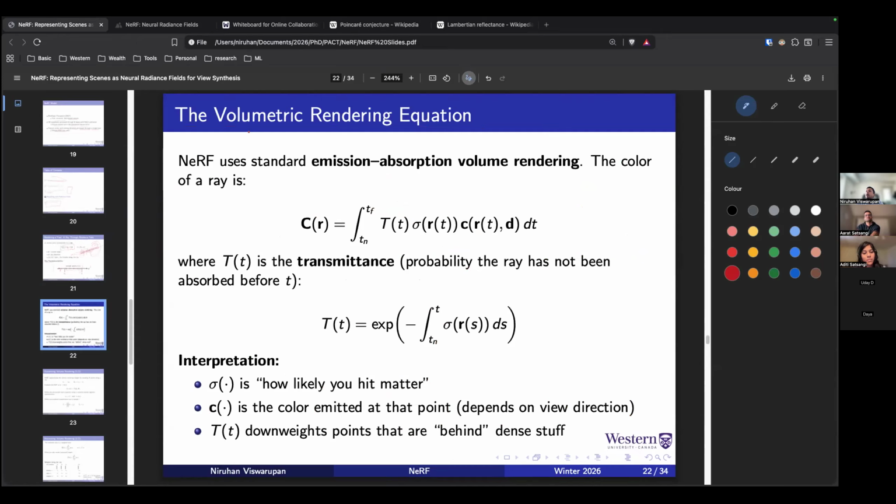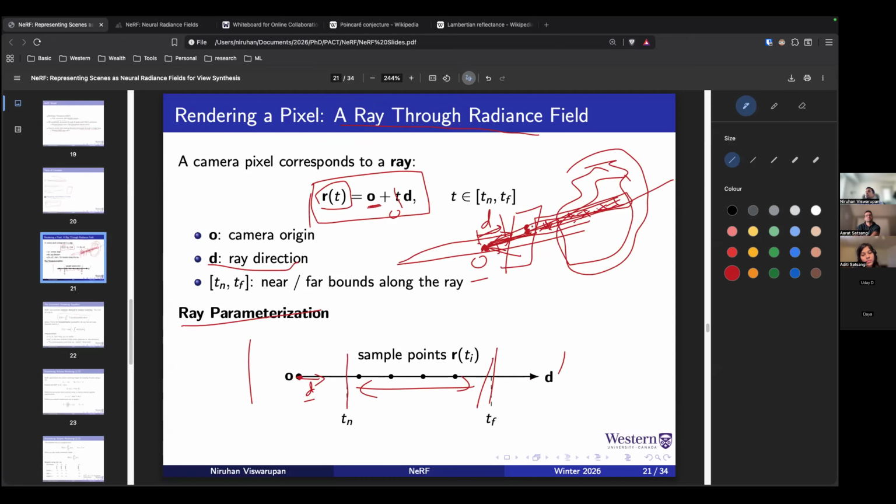Okay, so this is the parameterization of a ray, and then the volumetric rendering equation. NeRF uses standard emission absorption volume rendering. When I looked at NeRF, they said they are using this emission absorption volume rendering equation from radiance field theory. It is given by this, where C(r) is, if you go back to this, if you take this point in the image plane, the color of that point will be given by C(r).